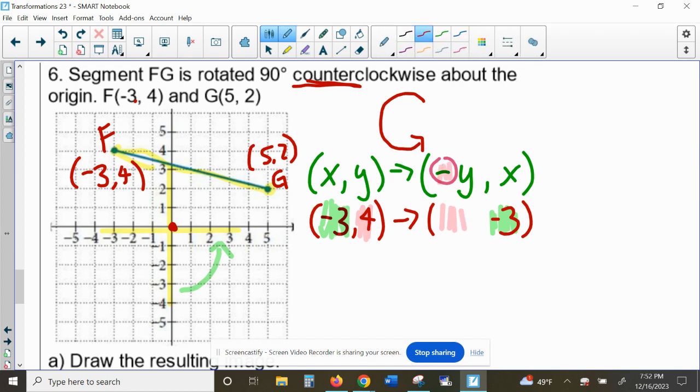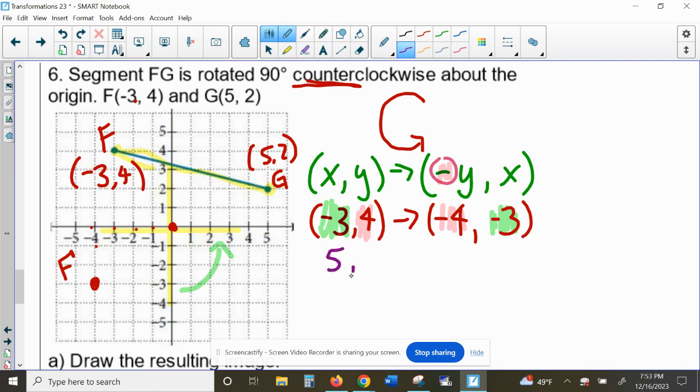So that's going to be a -4 now. So our new point is going to be at -4, -3. Let's go -4, then 1, 2, 3 down for -3. So this is going to be my new F prime, which makes sense because I'm moving it 90 degrees counterclockwise. This is 1/4 of the way around, so that does look like a good spot for it. It's F prime.